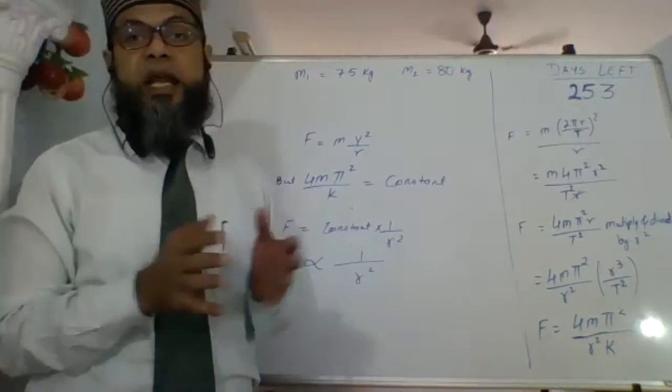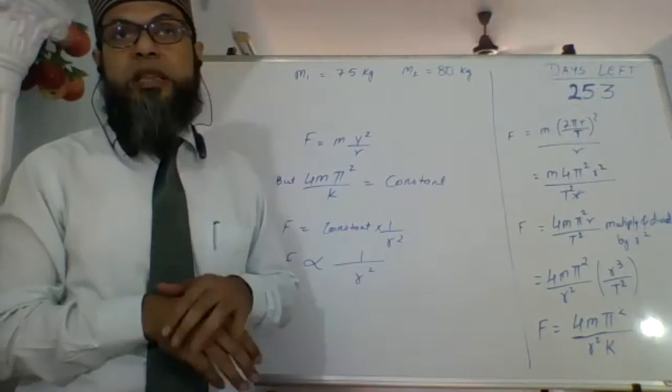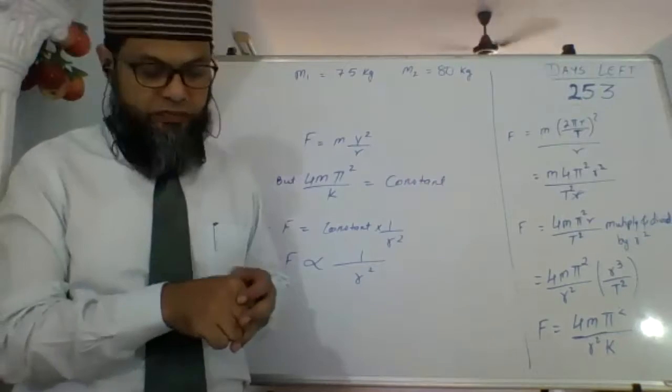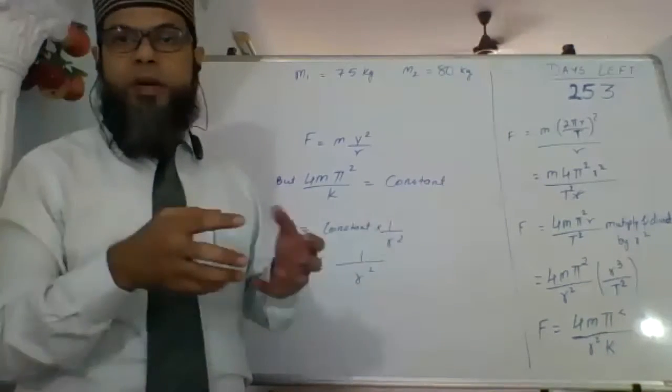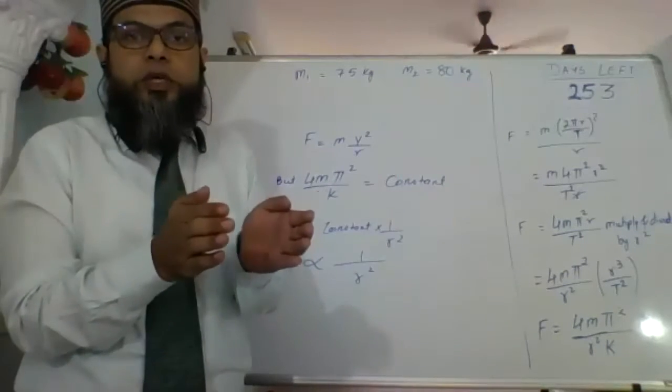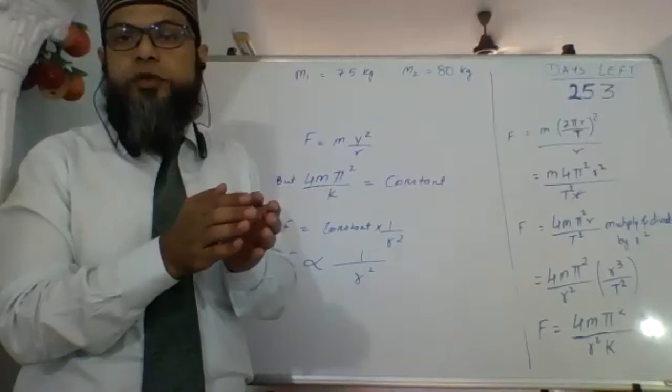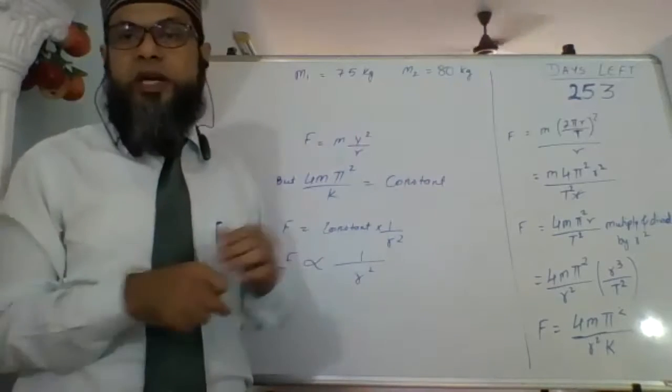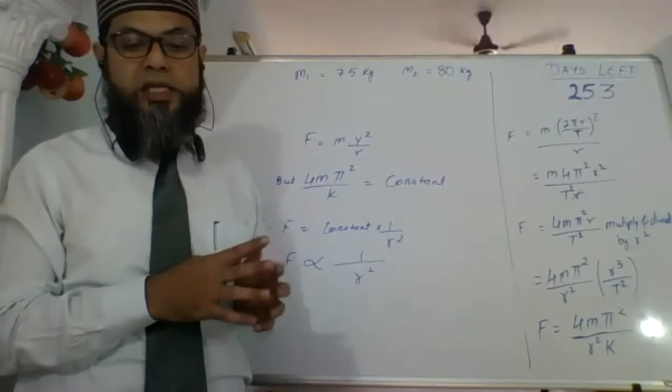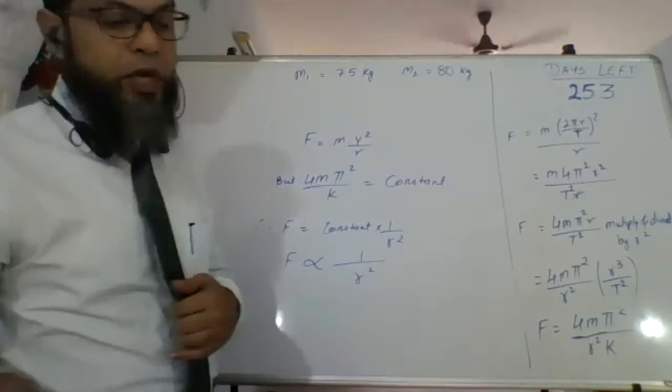What is the gravitational force between them? Logically, if two people are sitting, both of them are attracting each other. So why are they not moving towards each other? That is what we are trying to find out.